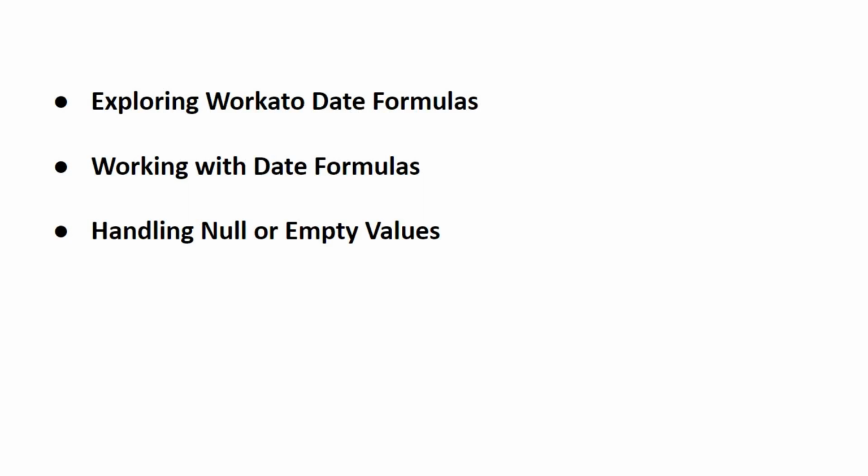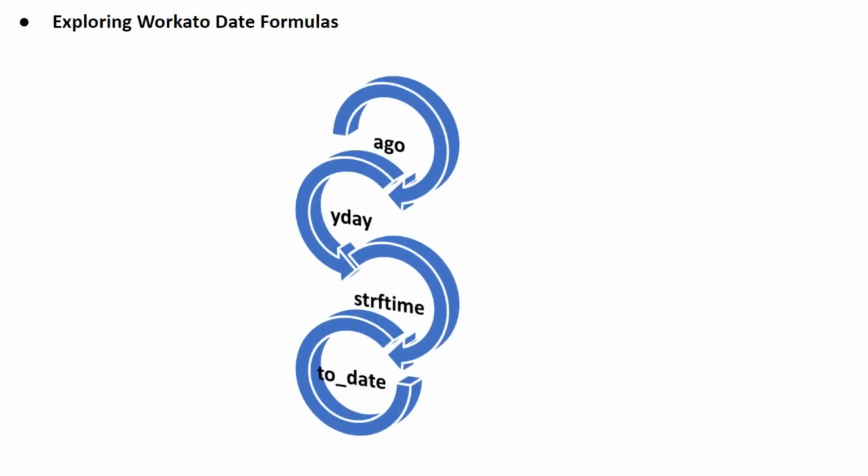So let's explore today's session, where we are going to learn about date formulas, how to use them in our recipes, and handling null or empty values. Today we are going to explore these four formulas as part of the date formulas series: ago, yday, strftime, and toDate.